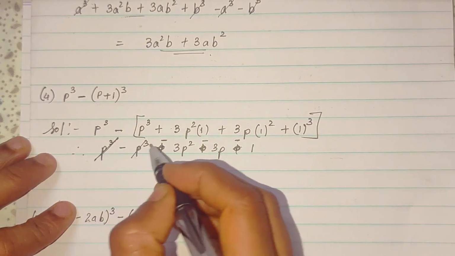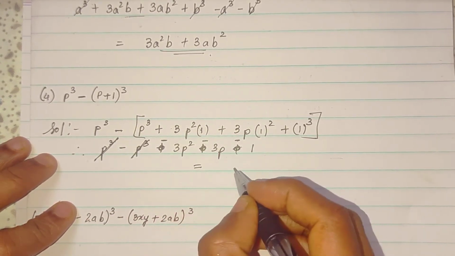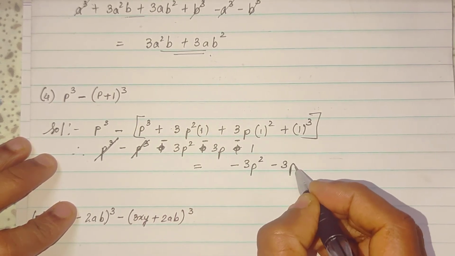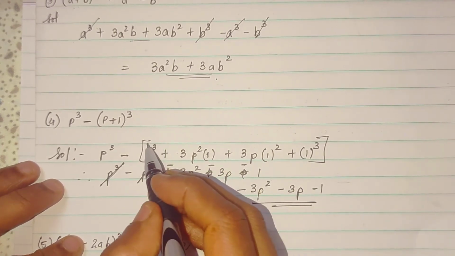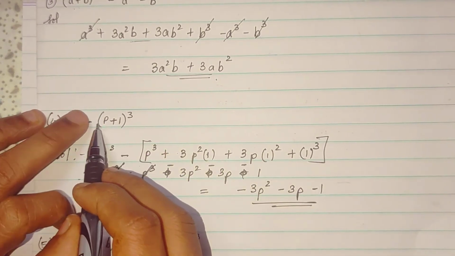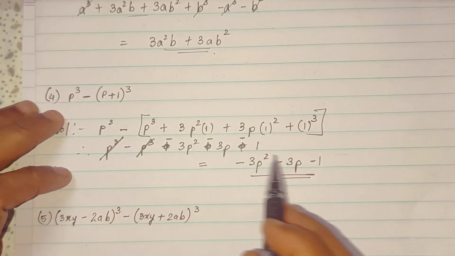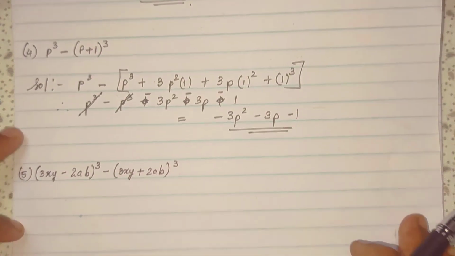So ये और ये cancel हो जाएगा. So what is left? We are left with minus 3p square minus 3p and minus 1. This is the answer. See, always remember to take the bracket. यहाँ पे question के पास bracket था, so इसलिए minus sign multiply हुआ और सारे sign change हो गए. So this is the answer.